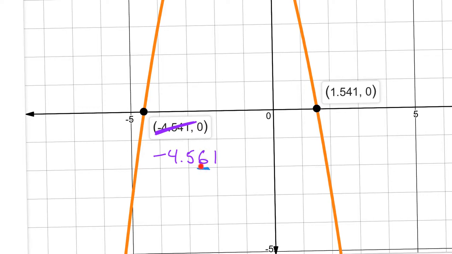So when you have this number next to the one you want to round, if it's 5 or higher, you're going to round this up. So this number is going to round to approximately negative 4.6 because this 5 goes up 1, which is 6. So keep that in mind when you round to the nearest tenth in a decimal.